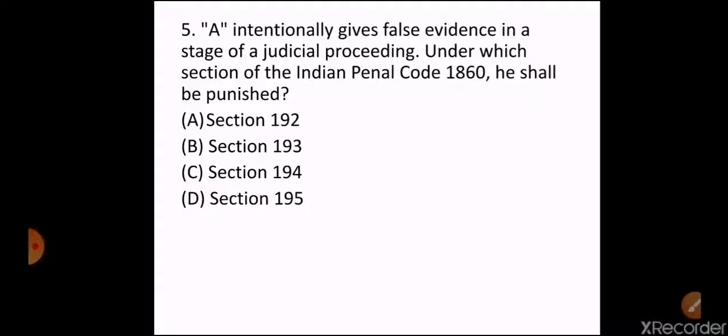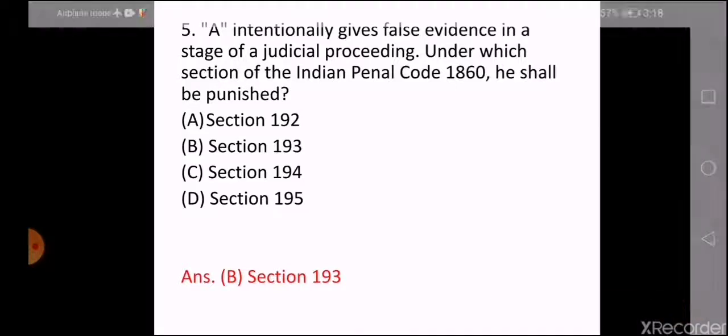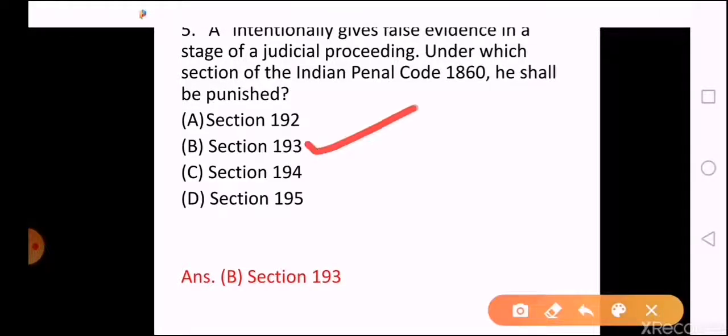If you do not know, I will give you the right answer, but this was asked in the Rajasthan APO in 2015. The correct answer is option number B, that is section 193, which is the punishment for false evidence. So, the option is B.